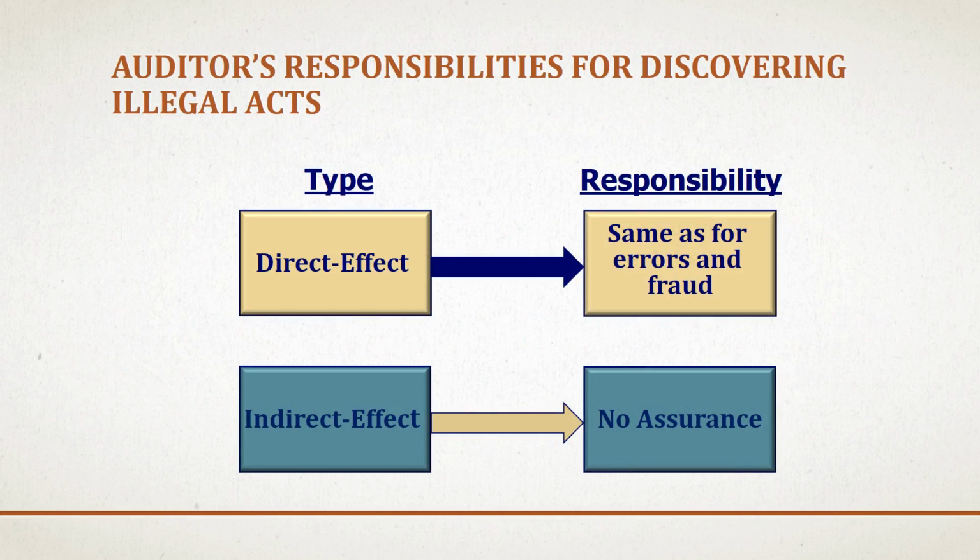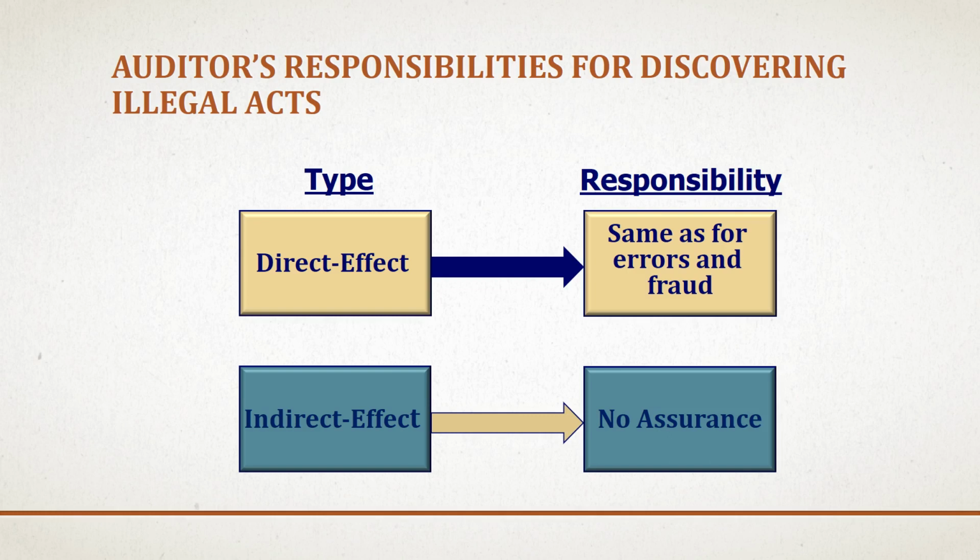Our responsibility for discovering illegal acts. First is the direct effect. The responsibility is the same as for errors and fraud. We do an audit in which we discover management is paying below minimum wage.